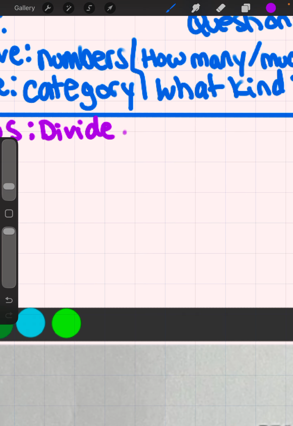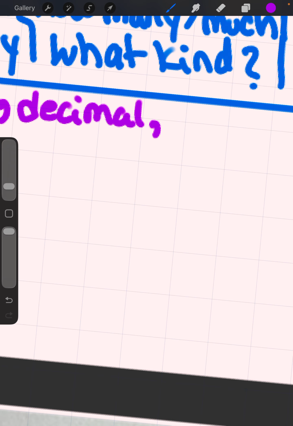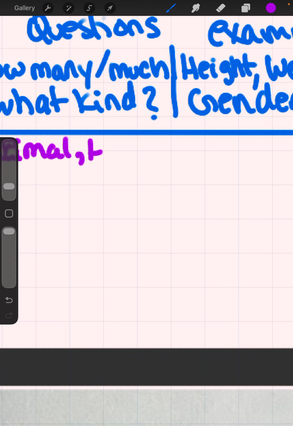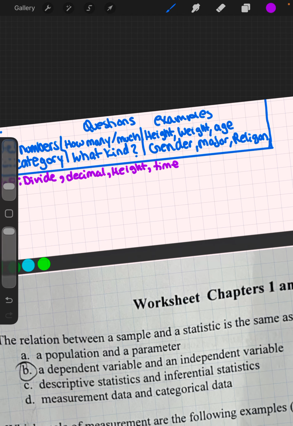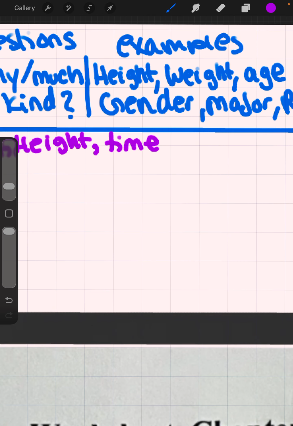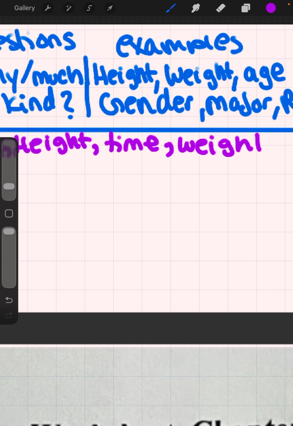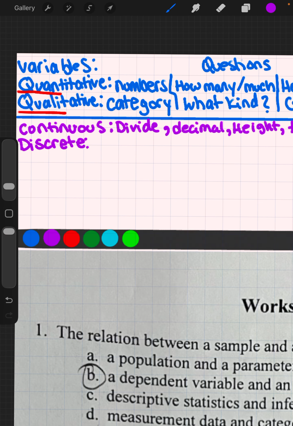When you divide it, it can be a decimal. And a good example can be height and time. And weight. Those are some good ones.